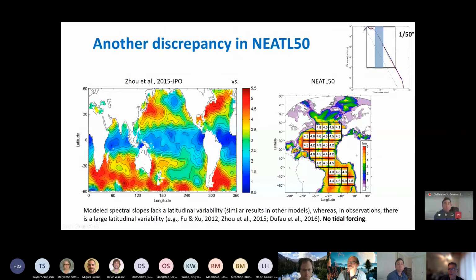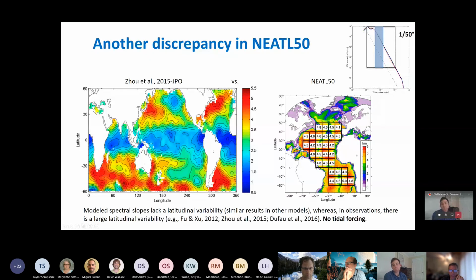That's a common measure of whether it is QG turbulence or just of the flow. Based on satellites, Zoedal and FSU and more recently Dufour et al. have produced global maps of the slope between 70 and 250 kilometers.